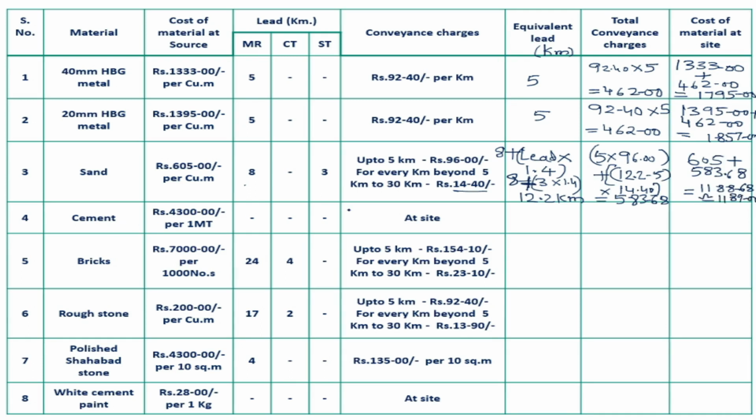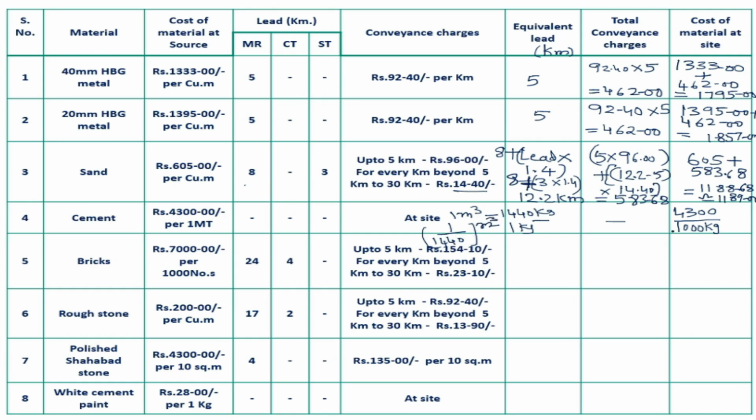Cost of the cement at site is 4,300 rupees per metric ton. So there is no equivalent lead and no total conveyance charges. So it is 4,300 rupees per metric ton. So 1 metric ton is equal to 1000 kgs. 1 cubic meter volume of cement weighs 1440 kgs. So 1 kg is equal to 1 by 1440 cubic meter volume.